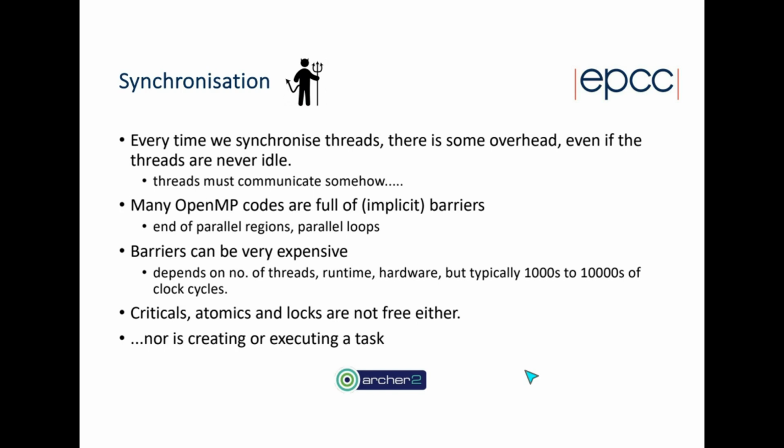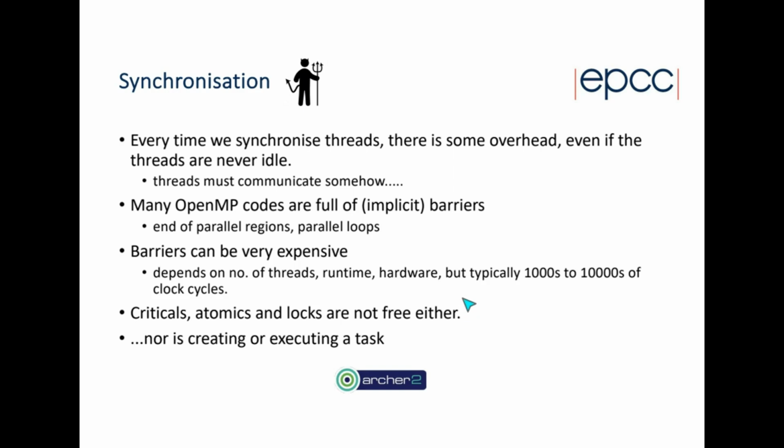Next one is synchronization. Okay, so as we've already talked about, every time we synchronize threads, there's some overhead, even if the threads are never idle. Even if all the threads are at the barrier at the same time, actually getting through the barrier costs something, and it's not cheap.